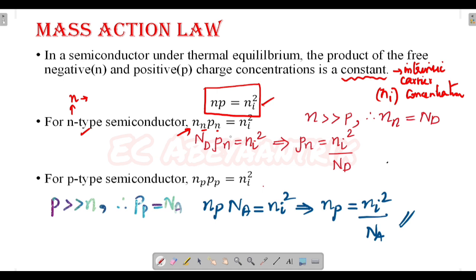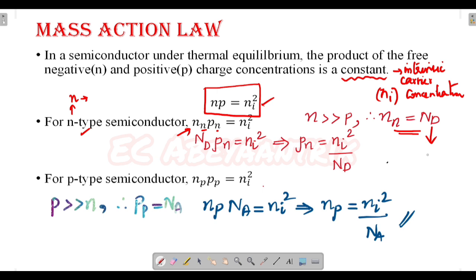In an N-type semiconductor, the electrons are the majority charge carriers, so we can rewrite Nn as Nd. What is Nd actually? Number of donor atoms. We are adding some pentavalent impurity atoms of group 5 in the periodic table, as I discussed in the previous video.